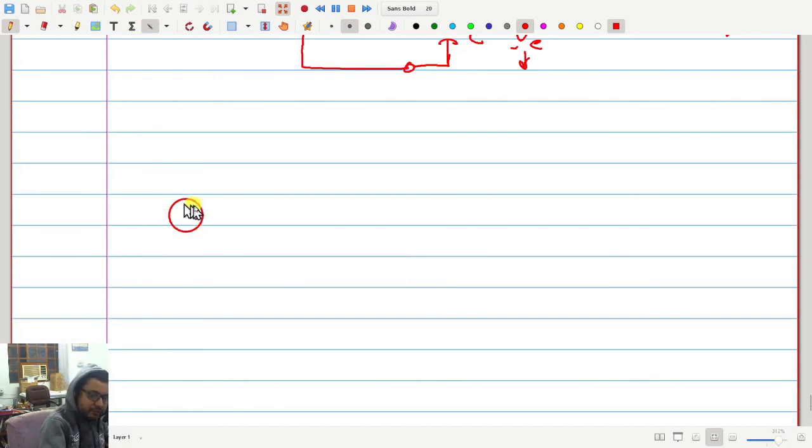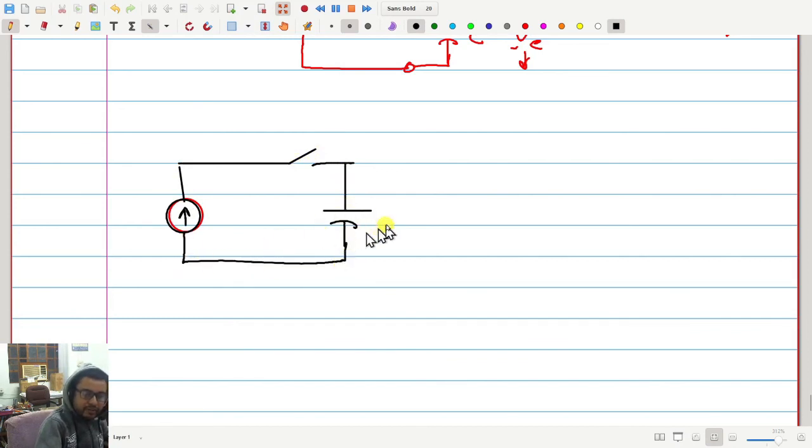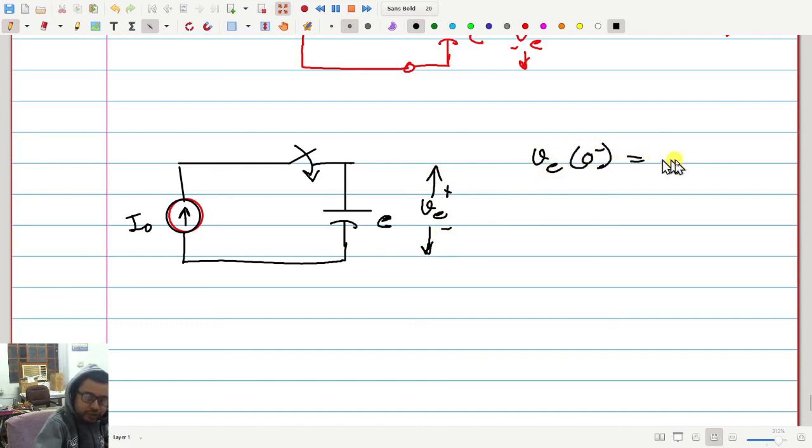Okay, that's again a nice question. Suppose this is a constant current source and we connect a capacitor. Suppose this is C, this is I naught. Suppose Vc, which is this voltage, is equal to 0 before the switch is closed.